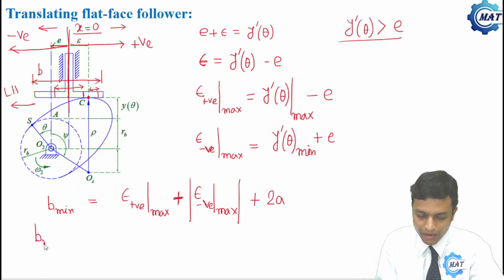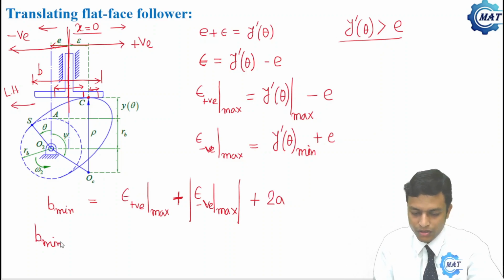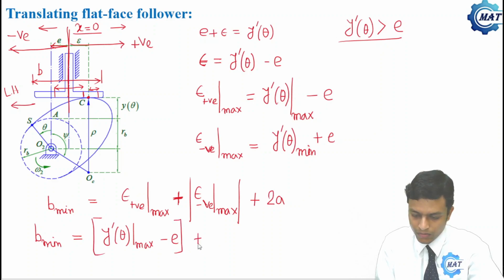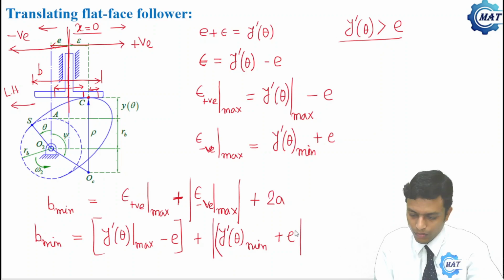So B min, the minimum width of the follower, is epsilon max, that is y prime theta max minus E, plus y prime theta min plus E, the mod of this, plus 2A.